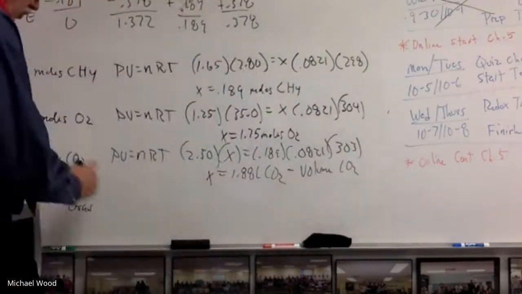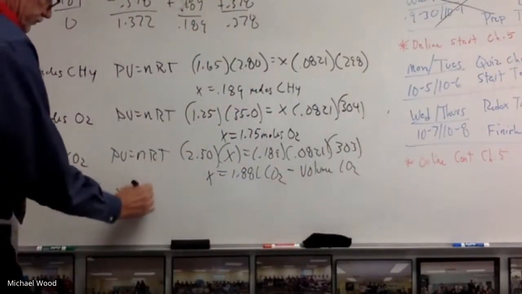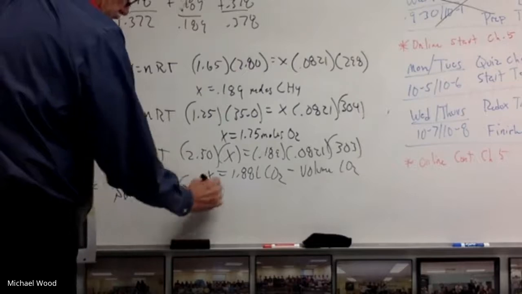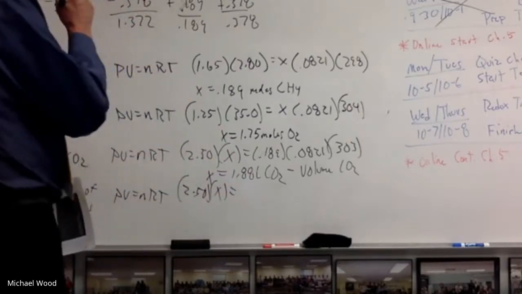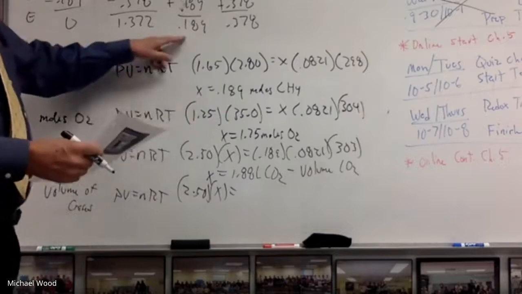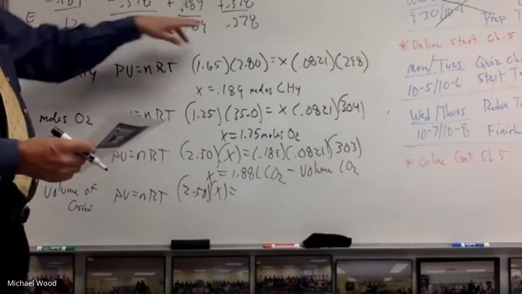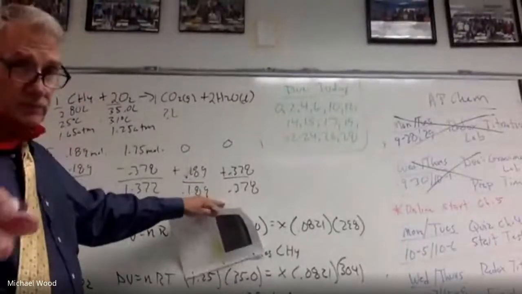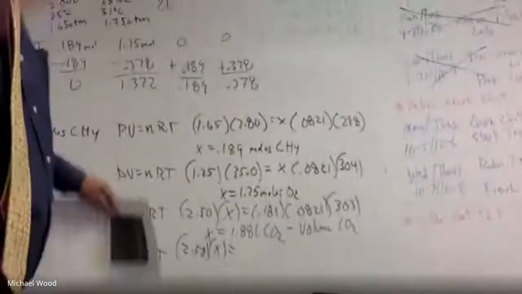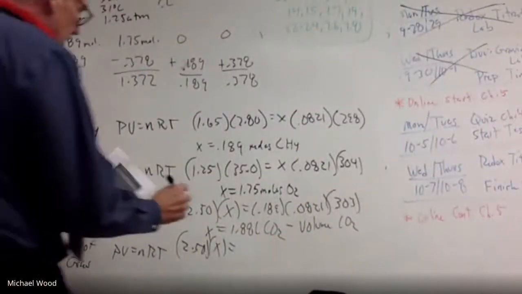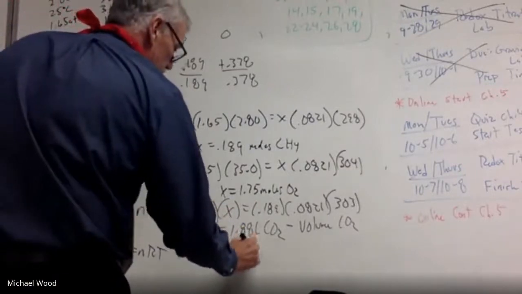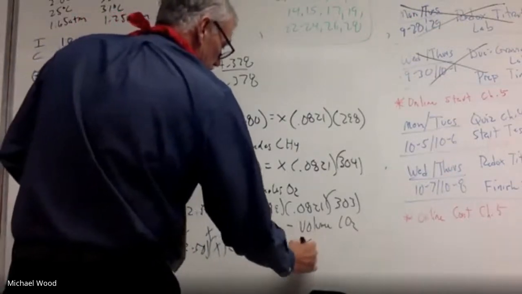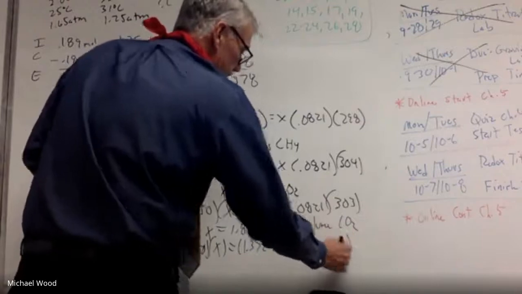So now to find out the total volume, again, I'm going to use PIV-NERT. And so the pressure at the end is 2.50. The volume is x. But now I want to know the total volume. So I'm going to go back up here, and I have 0.189 and 1.372. This over here, water, was a liquid, so it's not a factor. And the methane has been consumed, so it's gone. So I'm going to take 1.372 plus 0.189, and R is 0.0821.